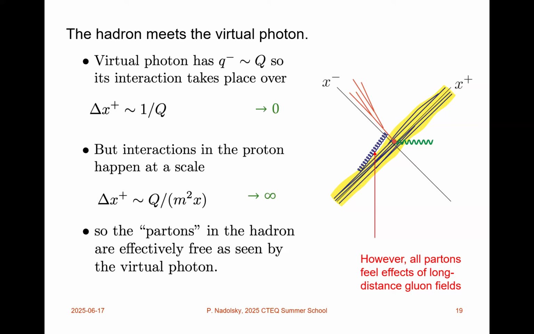So with this kind of setup, whenever the photon hits the shock wave, it knocks out the partons that are essentially free, because the size of the typical parton is very small. It's of order 1 over Q in this case.